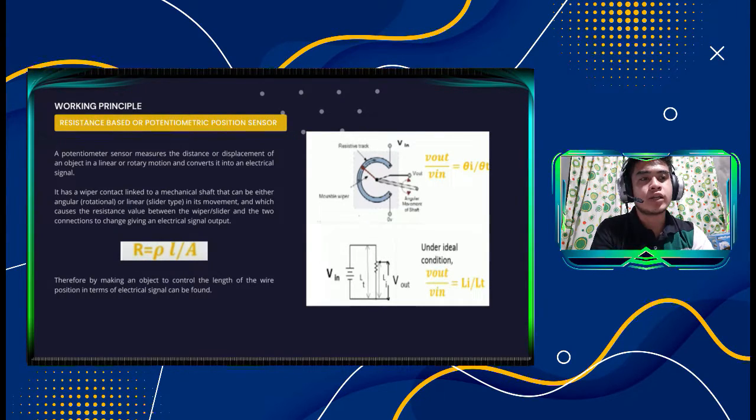So we have three known quantities, V in, Li, and Lt, so we can easily find out the V out, which will be proportional to the distance moved.